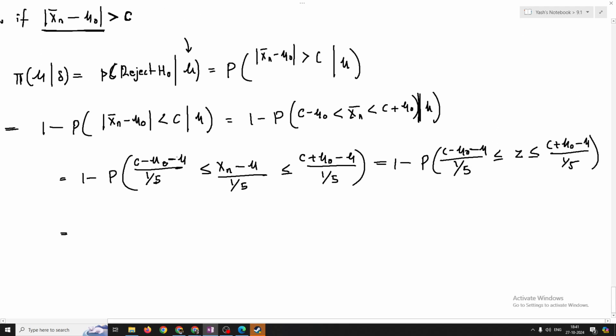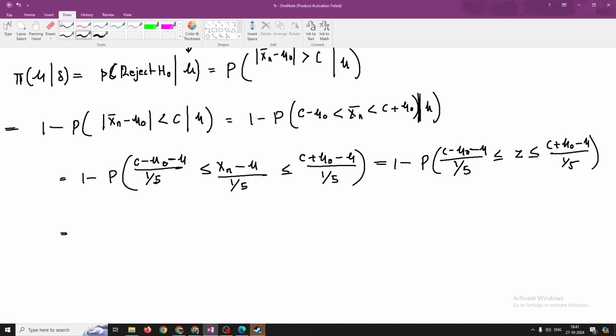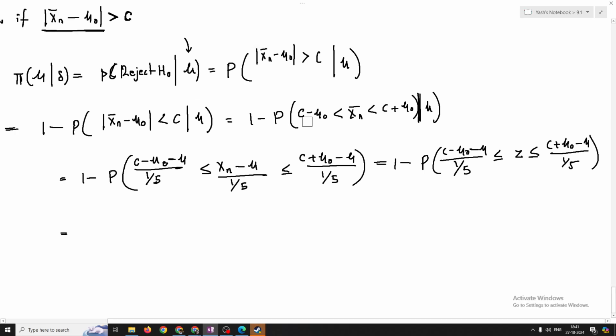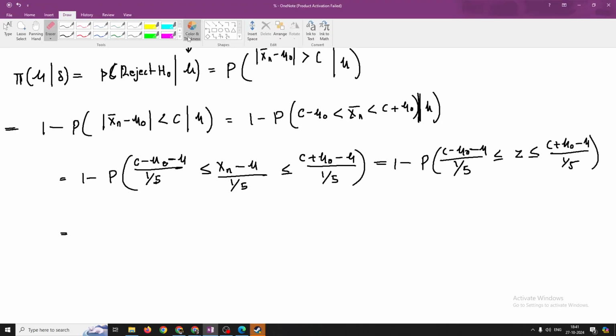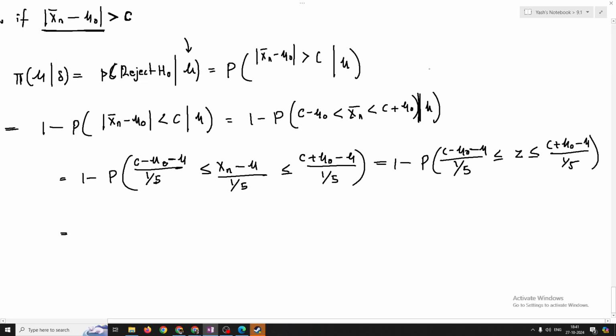Okay, am I missing something here? Xn bar minus mu is less than sigma is mu naught minus sigma. Right, I did make a mistake. This should have been mu naught minus C. Someone should have interrupted me.